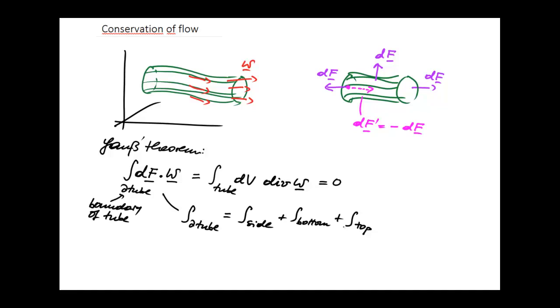Now the integral over the side of the tube will not contribute, because the vector field W by definition is tangent to the side of the tube, and the oriented surface vector is perpendicular to the surface of the tube, and therefore the scalar product vanishes.